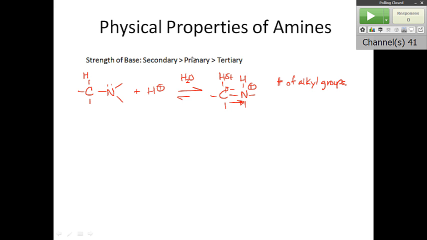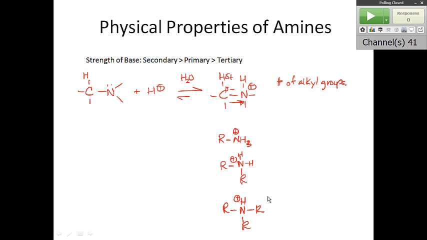So if you have a primary ammonium versus a secondary ammonium versus a tertiary ammonium, solvation works against the tertiary ammonium salt.